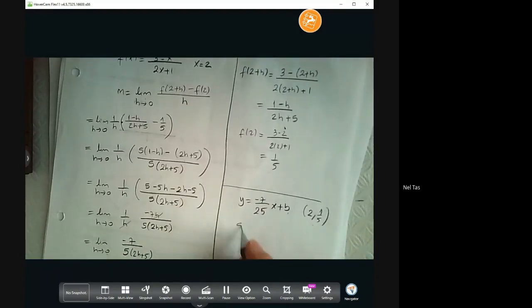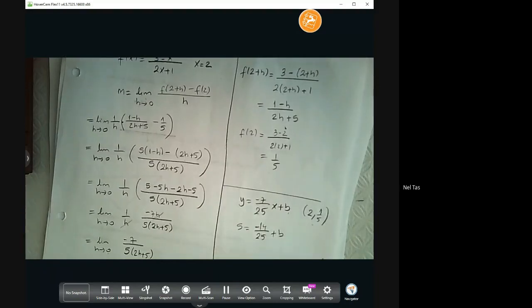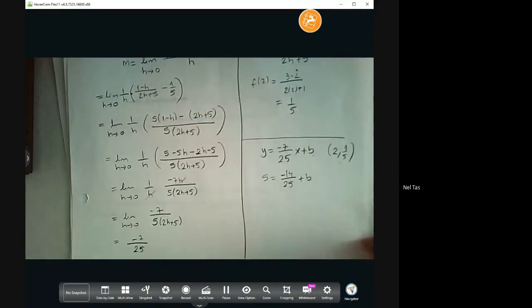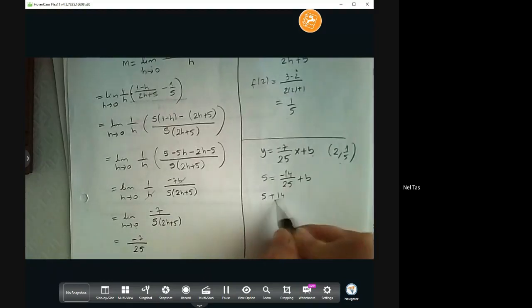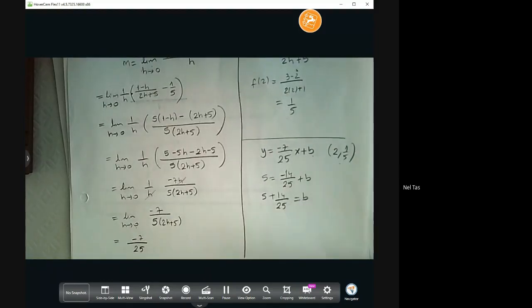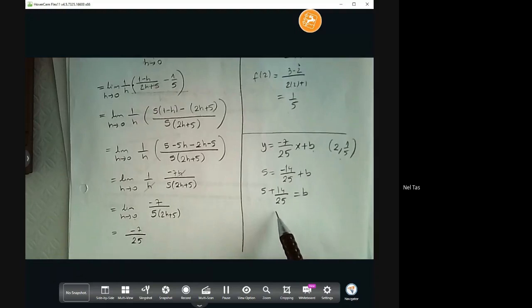Okay, so 1 over 5 equals 2 times negative 7 over 25, negative 14 over 25, plus b. So 1 over 5 plus 14 over 25 equals b. Have a common denominator.